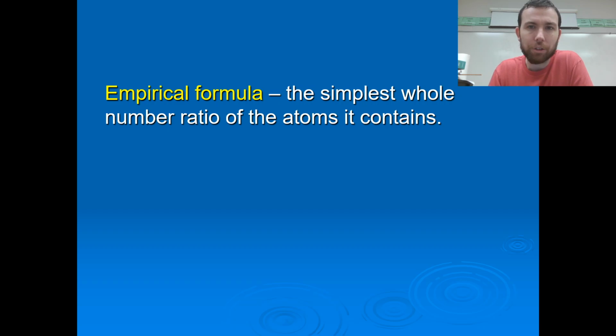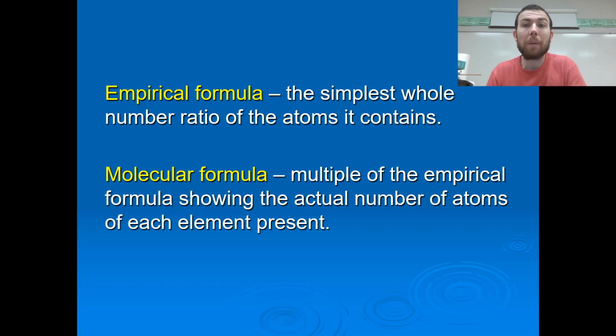It would be CH. Now, your molecular formula is some whole number multiple of your empirical formula that's going to show you the actual number of atoms of each element that are present in that particular compound. Now, obviously, the molecular formula is going to be much more useful in determining the actual identity of the substance, showing you exactly how many atoms of each element that you have.